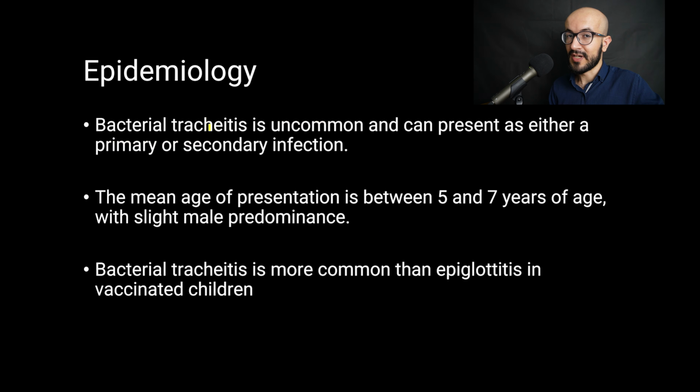Now bacterial tracheitis is uncommon and can present as either a primary or secondary infection, but mostly it's secondary to croup, and the mean age of presentation is between 5 and 7 years with slight male predominance, and it is more common than epiglottitis in vaccinated children.